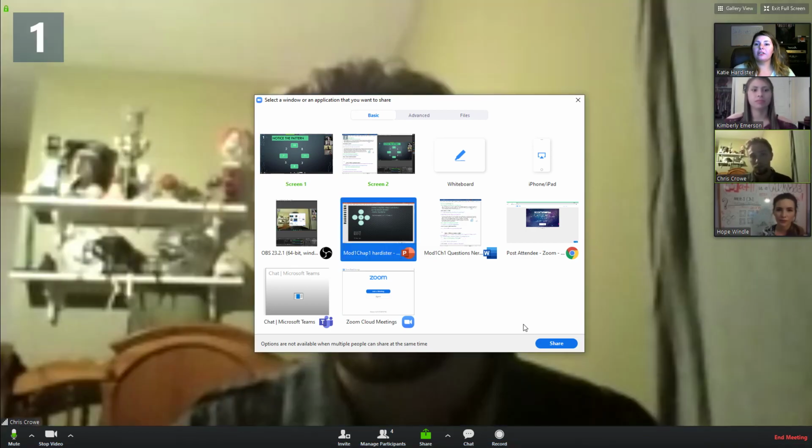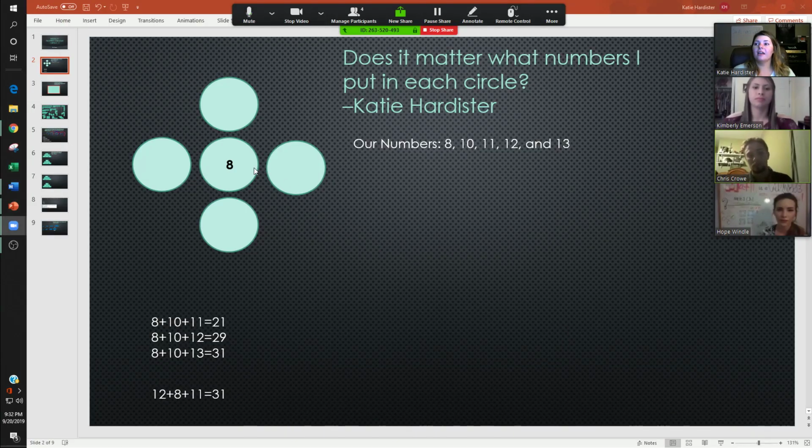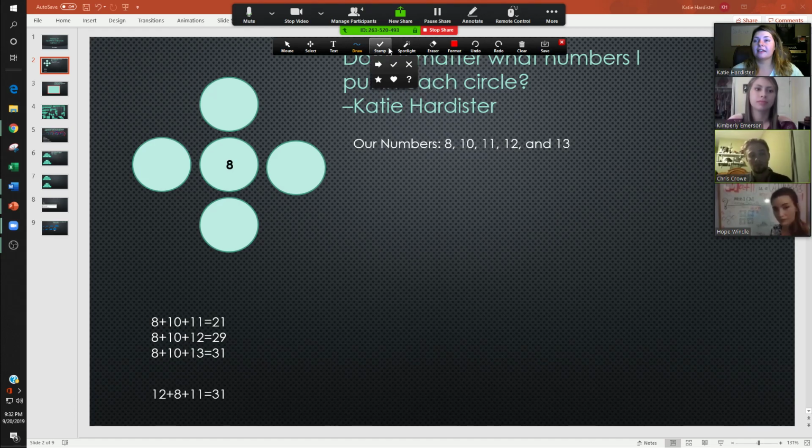Well, if we take a look here, we can see that as long as you take one of the numbers, so let's say that we start by taking the number 8, and we put the number 8 here in the center, and we know that this is the formula that gives us 31 vertically and horizontally, does it matter if I put 10 and 13 here, or if I was to put 10 and 13 here?